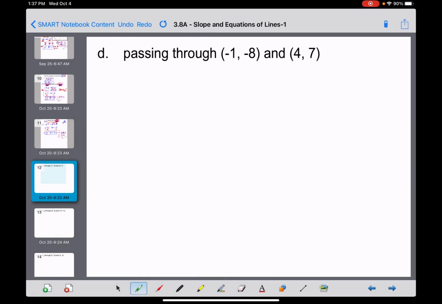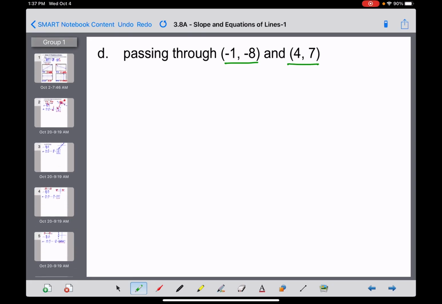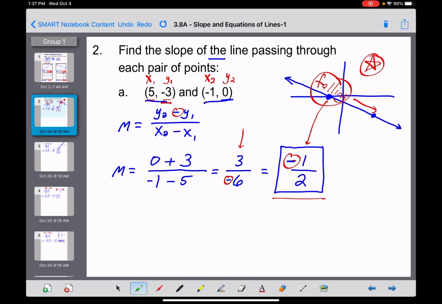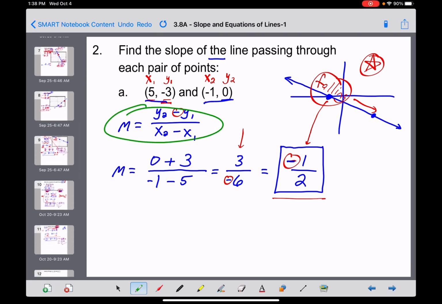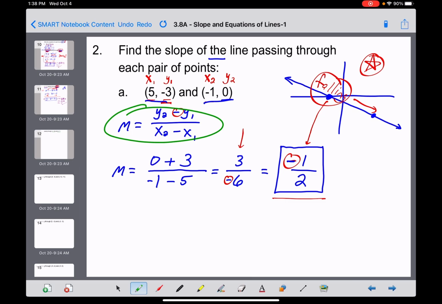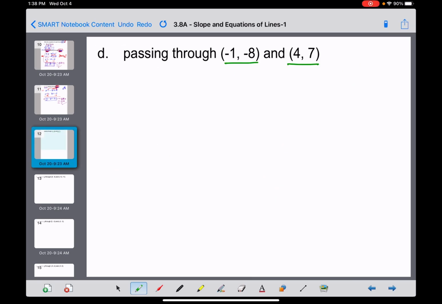Man, it would be cool if there was a way to find the slope of a line passing through 2 points. Oh, wait, there is. That's what we did way back in the first video at the start of this really, really long section. We're going to use this formula for how to find the slope of the line that passes through 2 distinct points.